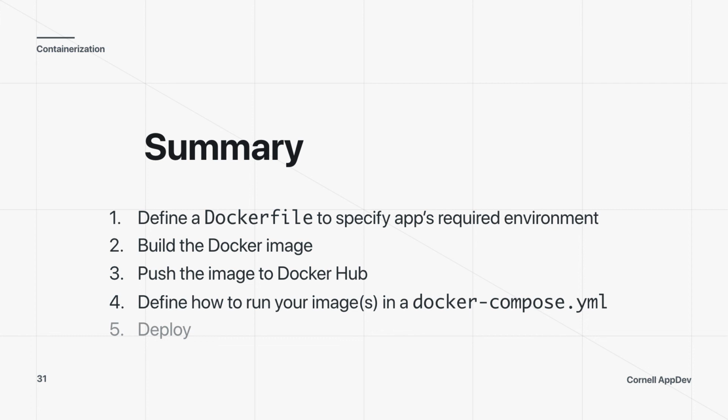And in our case, we want it to be accessible by a remote server that we get from the Google Cloud so that it can be publicly accessible. And then you define how to run your images in some Docker Compose file that will be on that remote server so that it's like an instruction for the server on how to run all of your containers into that one application.